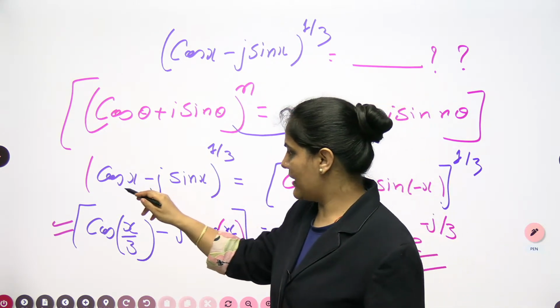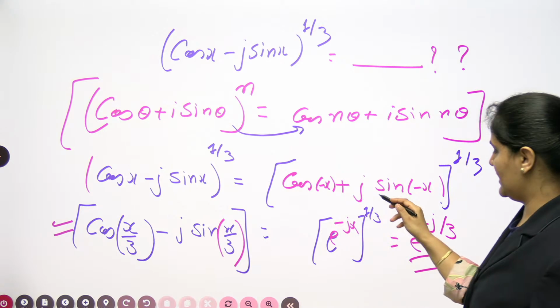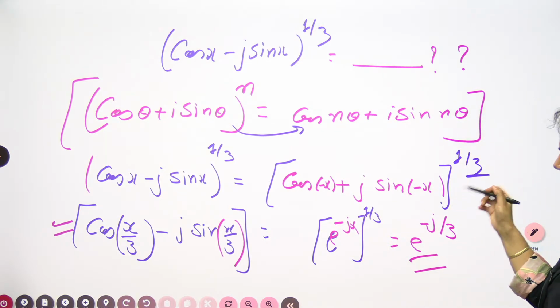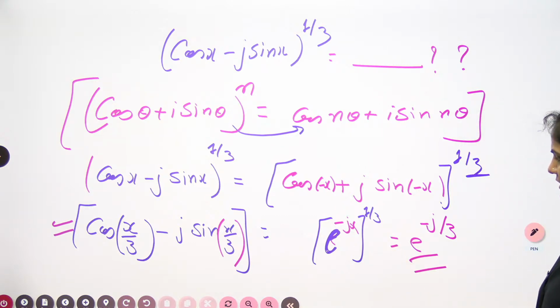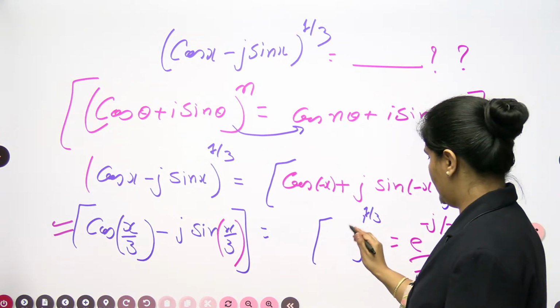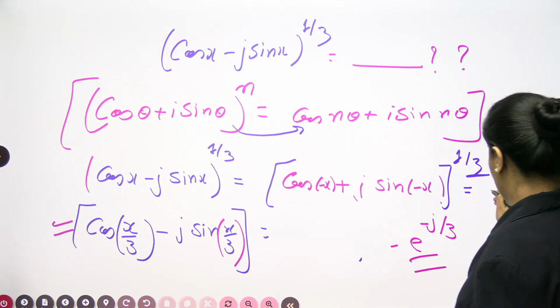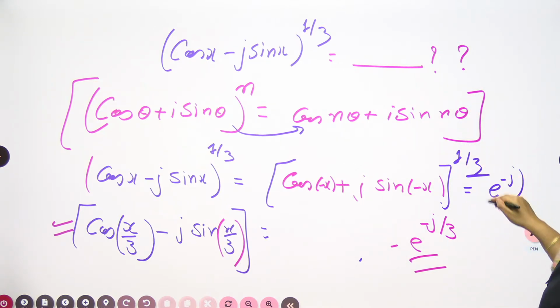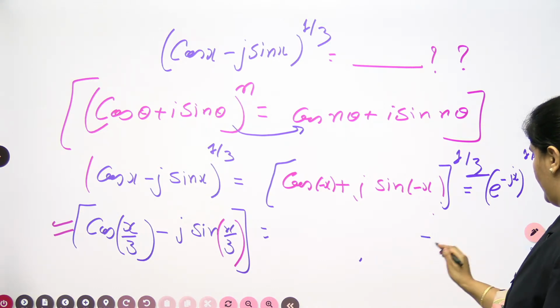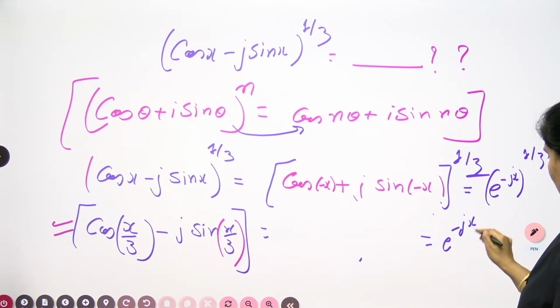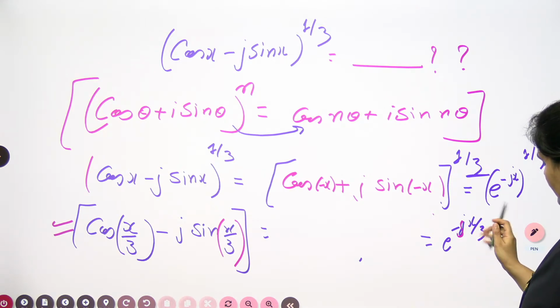So here I write this in the form cos minus x plus j sine minus x, power 1 by 3, and then my result will be e to the power minus jx, power 1 by 3. So this is e power minus jx by 3 only, which is theta only.